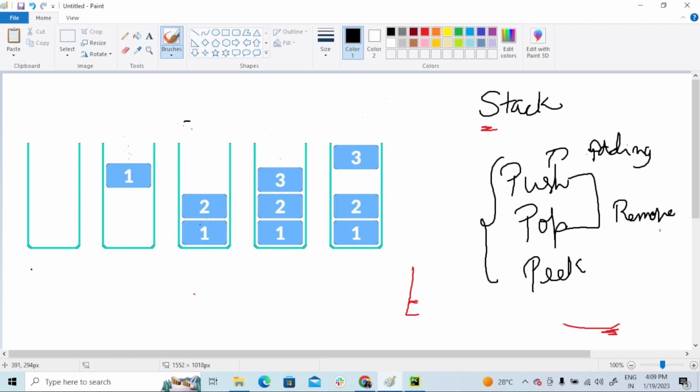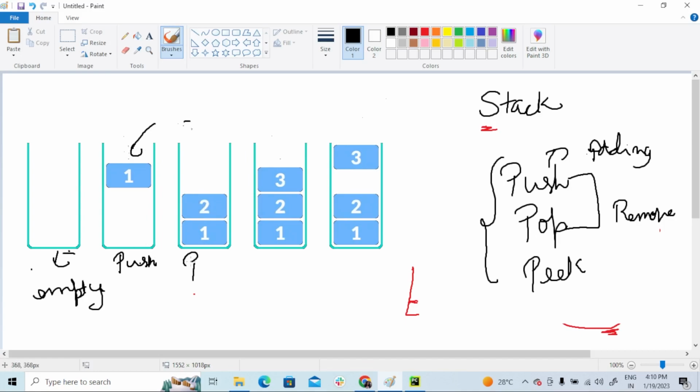As you can see in this diagram, this is an empty stack. To this empty stack, we are inserting an element 1, that is push. This is the first element, push. After that, we are inserting another element.